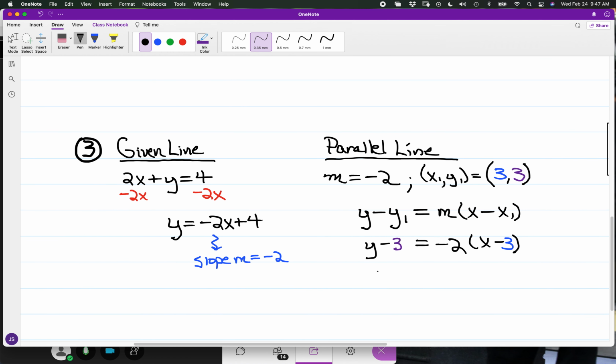Now for the slope-intercept form, I'm going to get y by itself. Right now I have y minus 3 is equal to -2x, and -2 times -3 becomes +6.